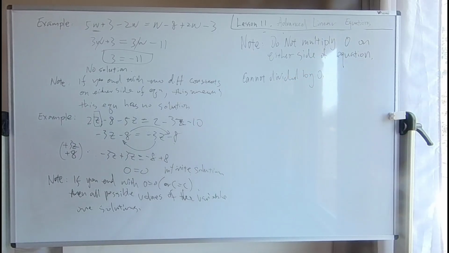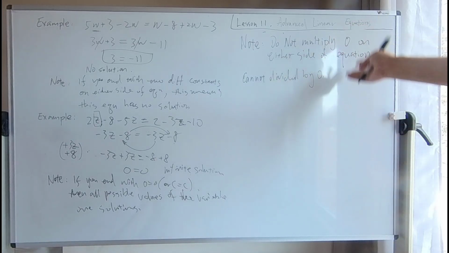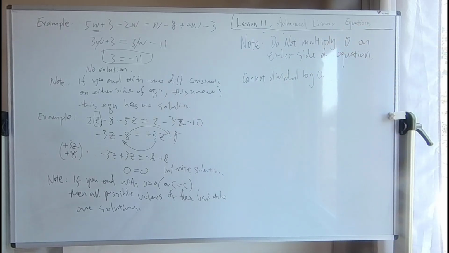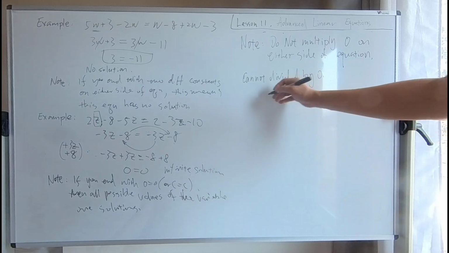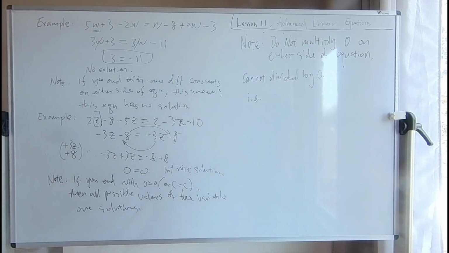So that means you also cannot multiply by zero. So you cannot divide by zero on both sides of the equation, but at the same time you cannot multiply by zero on both sides of the equation, right?